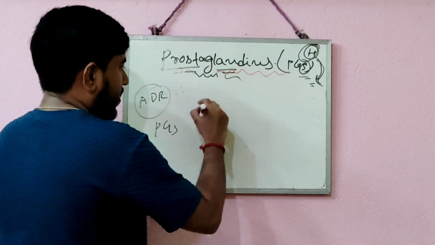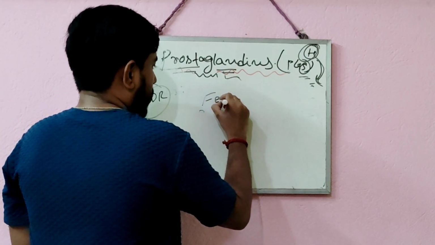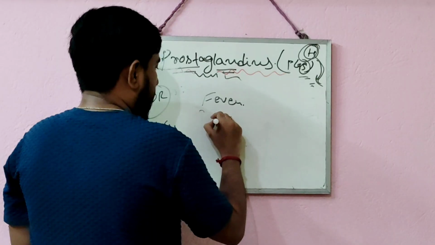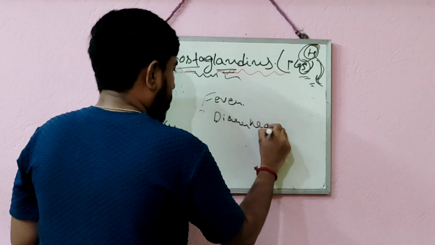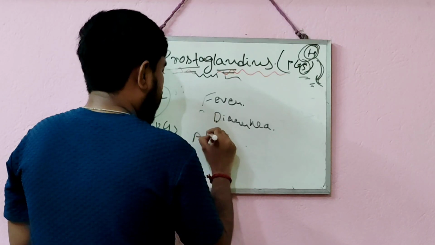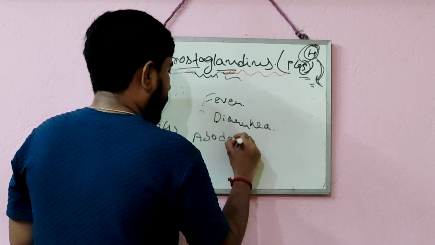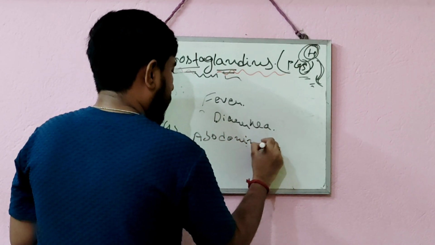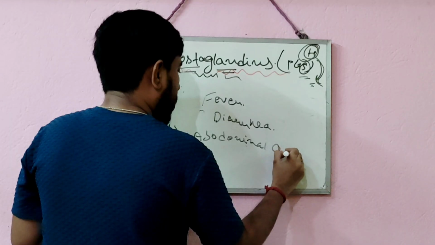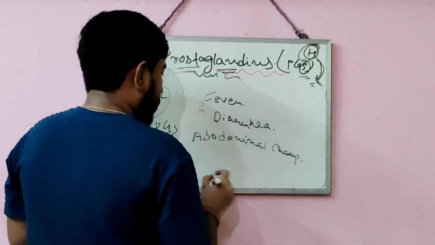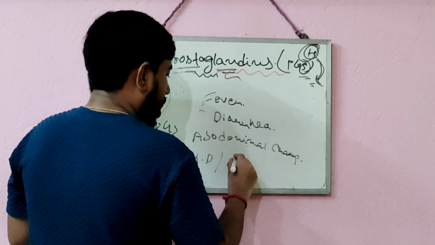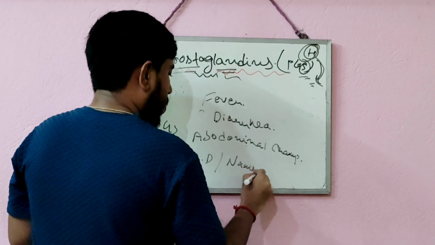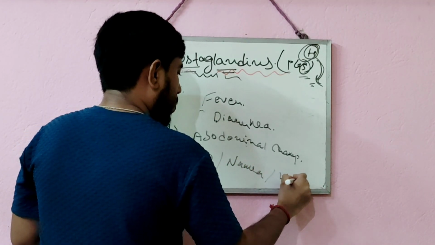Those are fever, diarrhea, abdominal cramp, headache, nausea, vomiting.